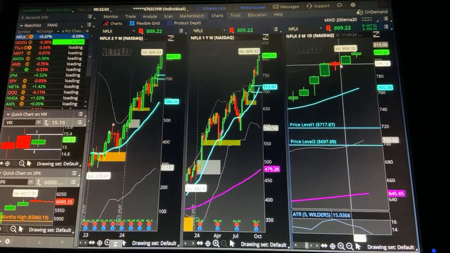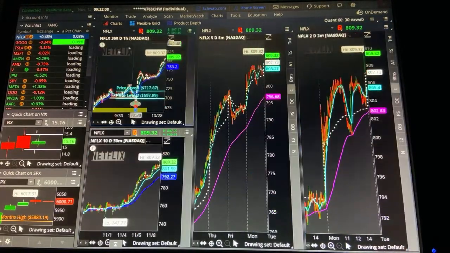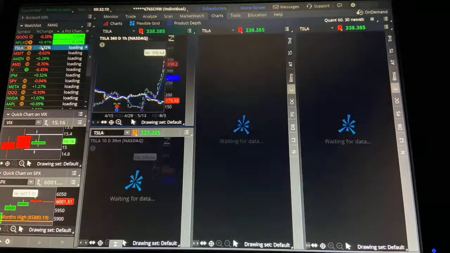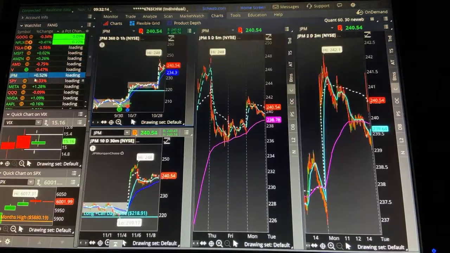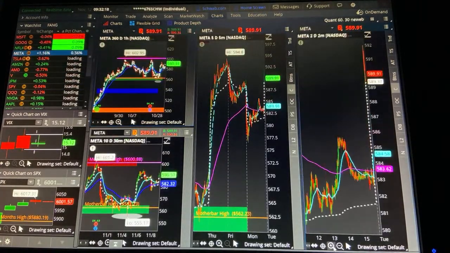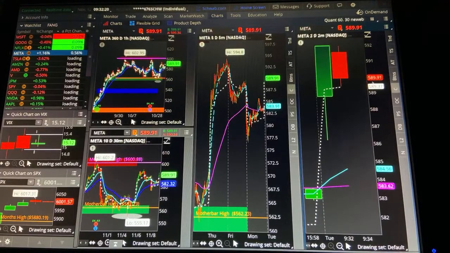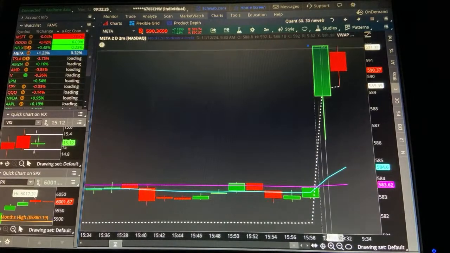Netflix is fairly decent too, coming out of a 1, 2, 3 go here. Netflix has some continuation momentum. A lot of things gapped up and faded down a little bit so far. I'll be patient with Meta. We do have this bar here to lean against.